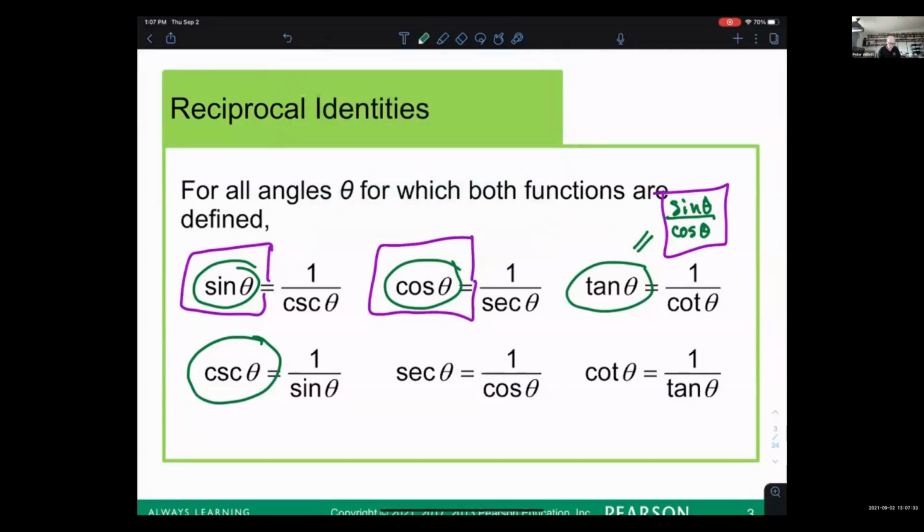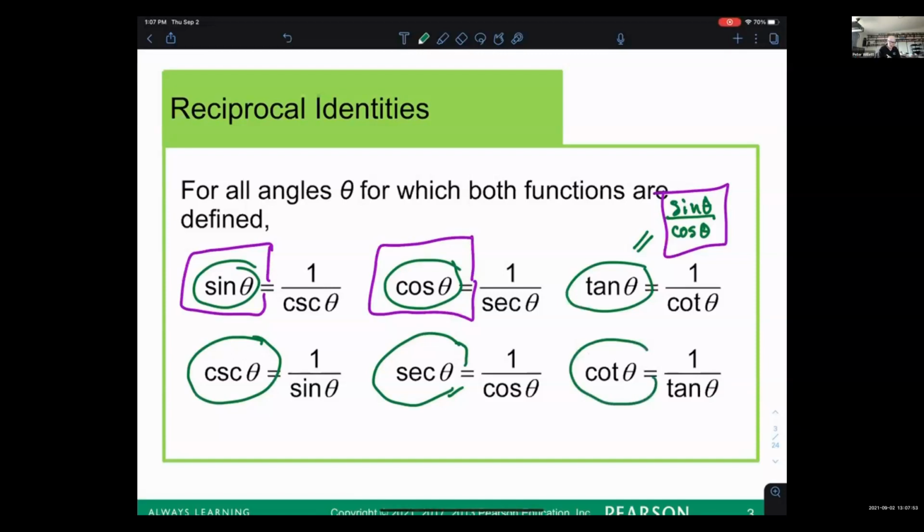All right, so then again, in a similar sense, the secant is 1 over the cosine. So if I was trying to find a secant of a theta, I would find cosine of that theta angle, and then I would just flip the answer. And cotangent is just the flip of the tangent.